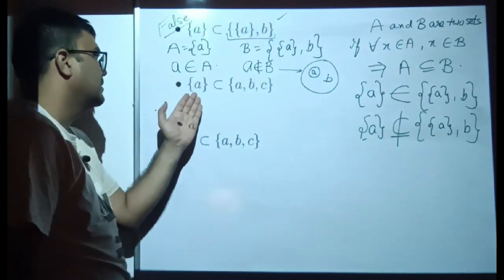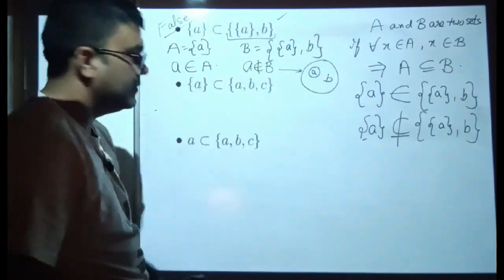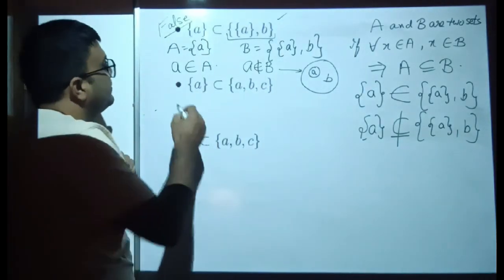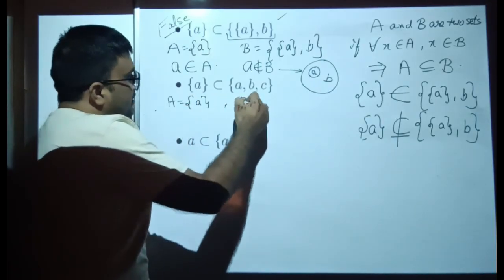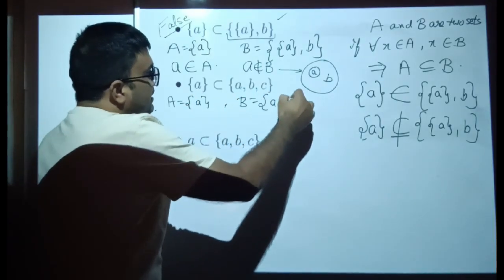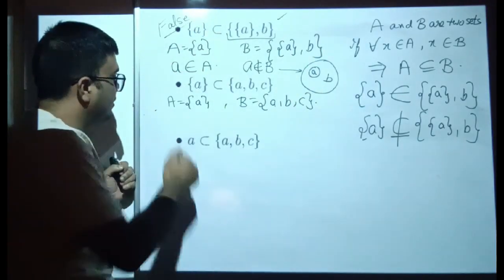Second, this set is a subset of {a, b, c}. Now, again, we are considering A is equal to set {a}, B is equal to set {a, b, c}. We want to check whether A is a subset of B or not.